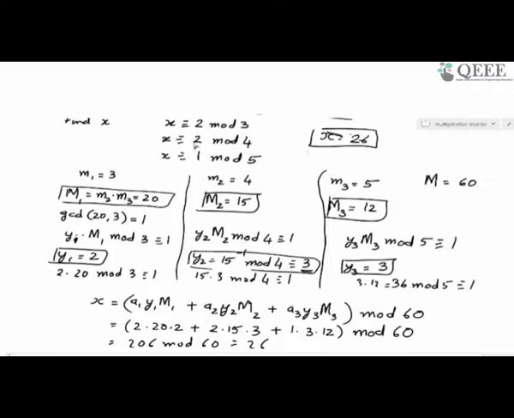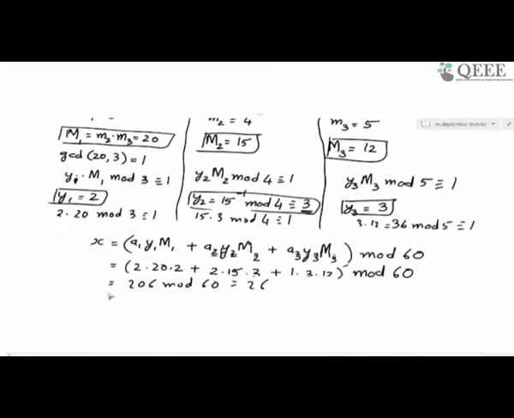More precisely, 26 when divided by 3 leaves a remainder of 2. Similarly, 26 when divided by 4 leaves a remainder of 2, and 26 when divided by 5 leaves a remainder of 1.